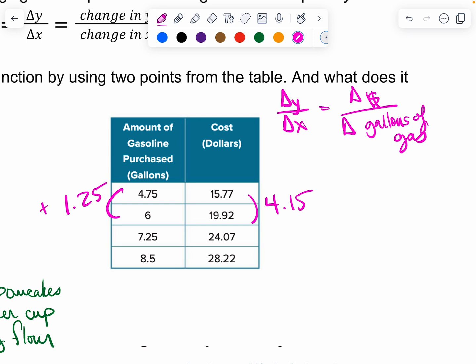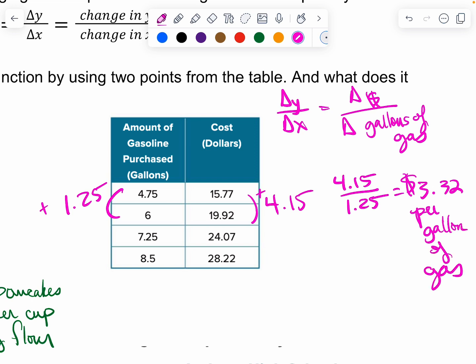Okay, so we went up on both of these by that. So 415 over 125, and I've got $3.32 per gallon of gas.